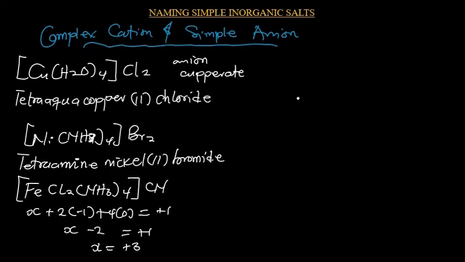Okay, now once we know the oxidation state, we can go ahead and name the cation. Remember, charged ligands are named first. So we have chloro, so we have dichloro, dichloro tetraamine, iron, iron 3 from the oxidation state over here.